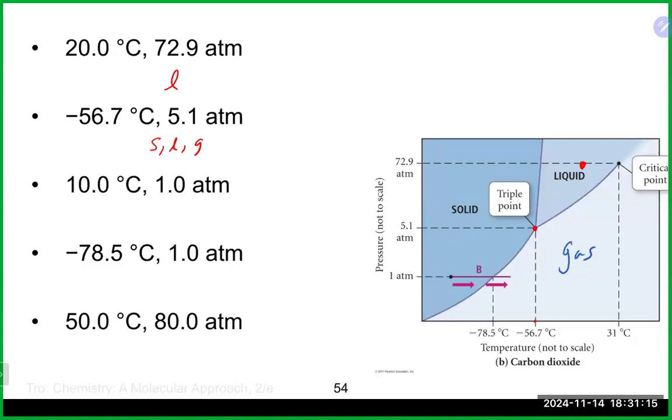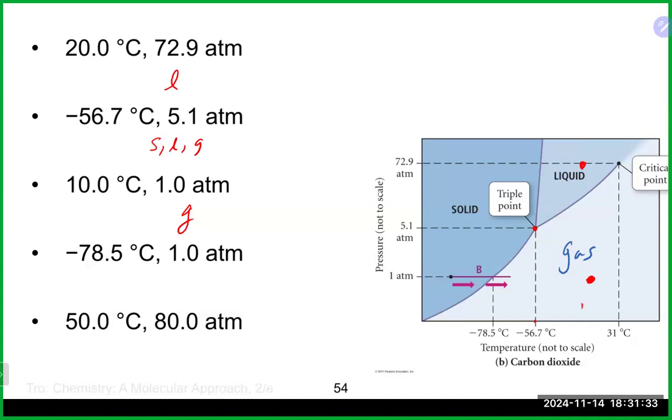Here at 10 degrees Celsius, which is somewhere in this region-ish, and 1 atmosphere, which would be here, if we come across, we're somewhere here, and that would put us in the gas phase at that point.